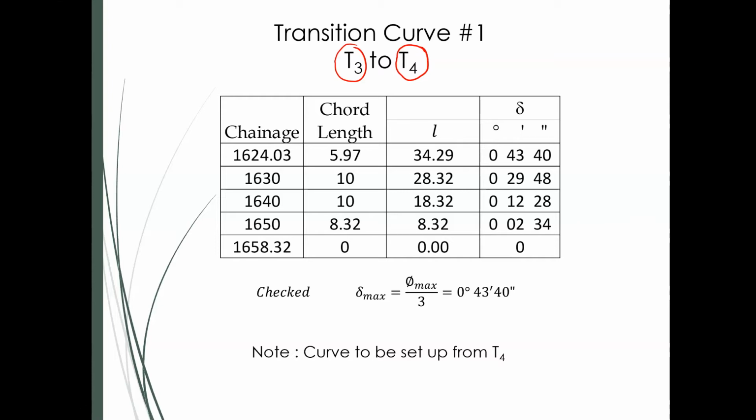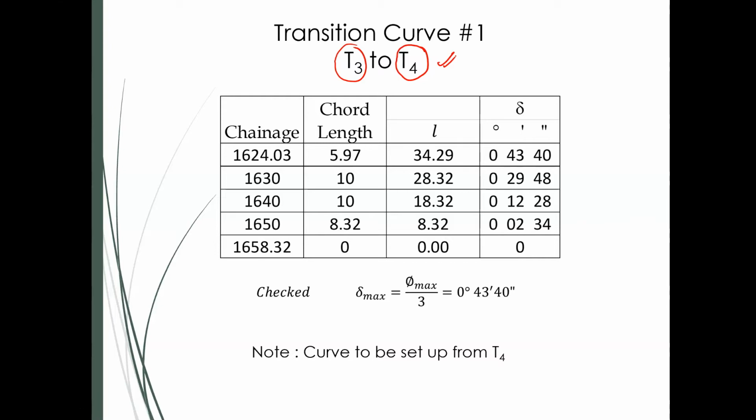So it is easier to do the work from T4. So when we do the second transition curve, we're going to set it up from T4. We're not going to set up from T3.